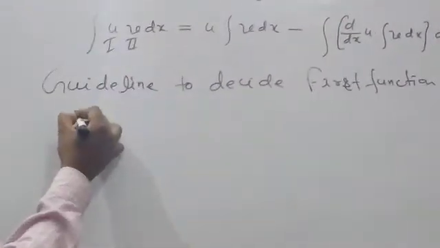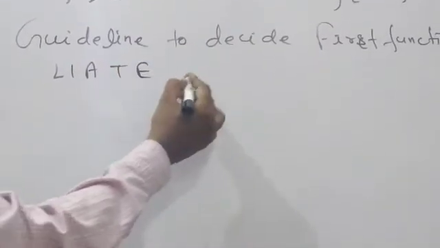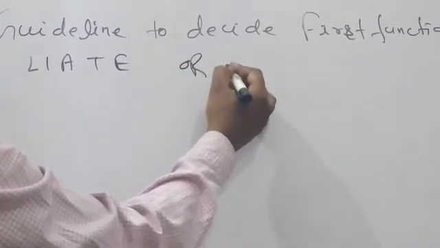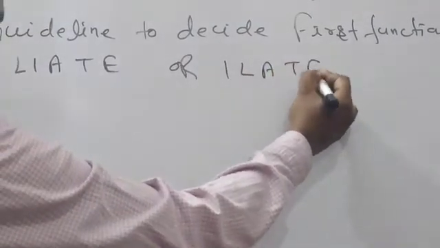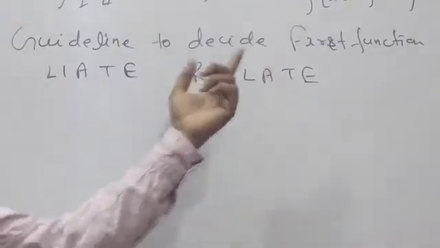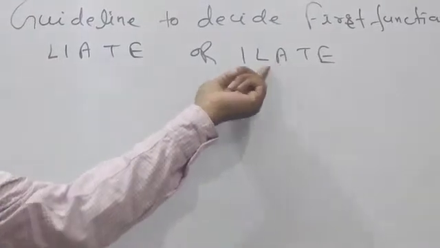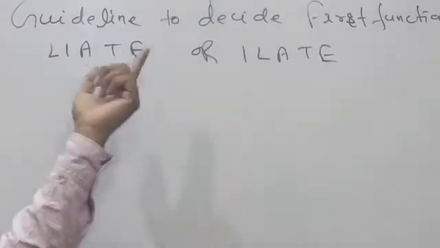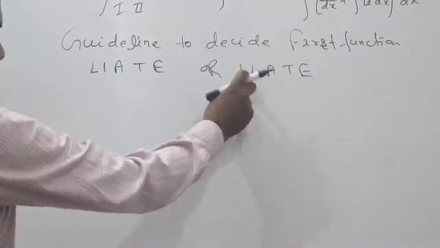Then we have LIATE, or we can write ILATE. It is simple for you because it is easy for reading. I am going to tell you this.